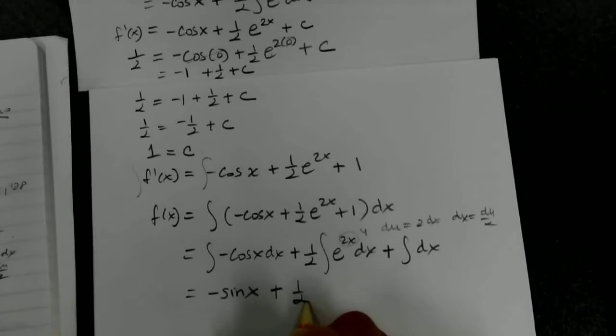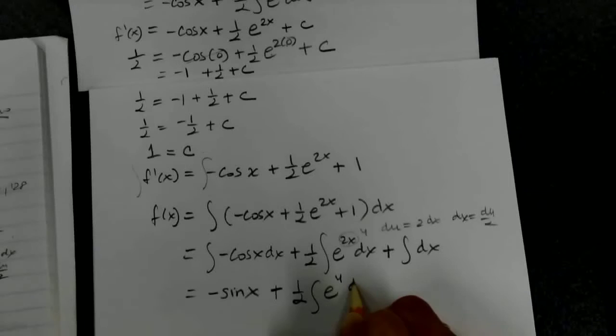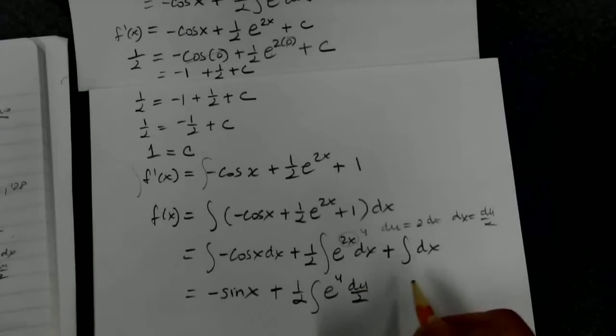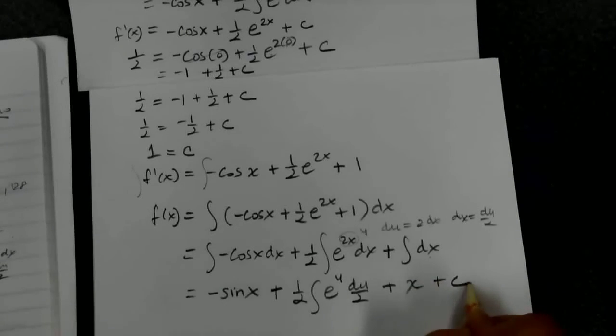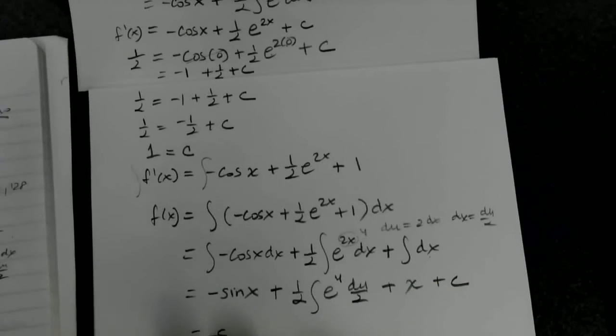So I'm going to have the 1/2, and I'm going to do my u substitution, e to the u, and dx is equal to du over 2, plus integral of dx is just x plus c. So then when I finish this, I get negative sine of x, plus, I'm going to pull the half out here, so it'll be 1/4 e to the u, where u is equal to 2x, plus x plus c, and that's my f of x.